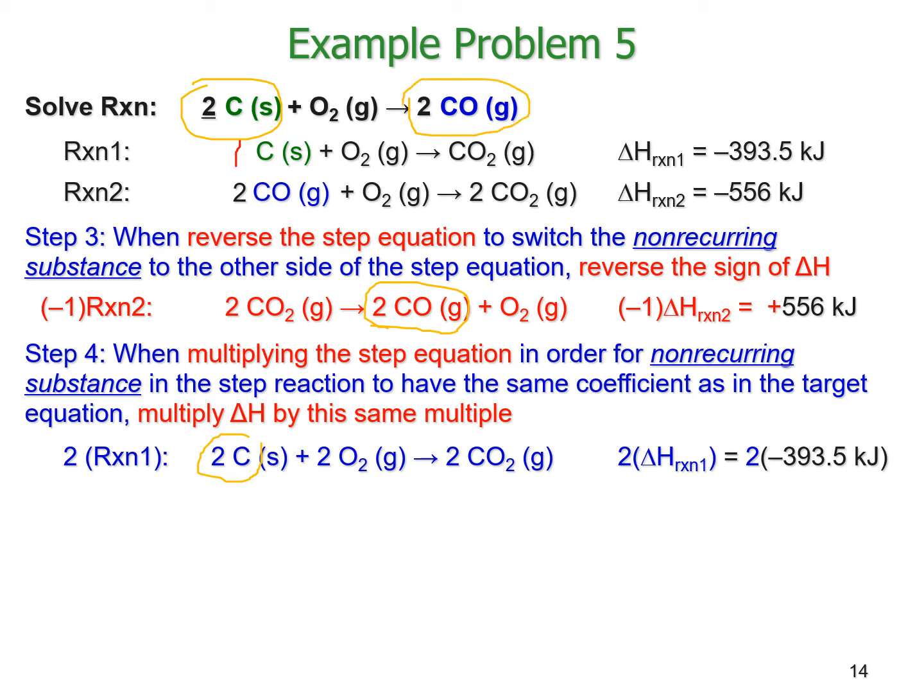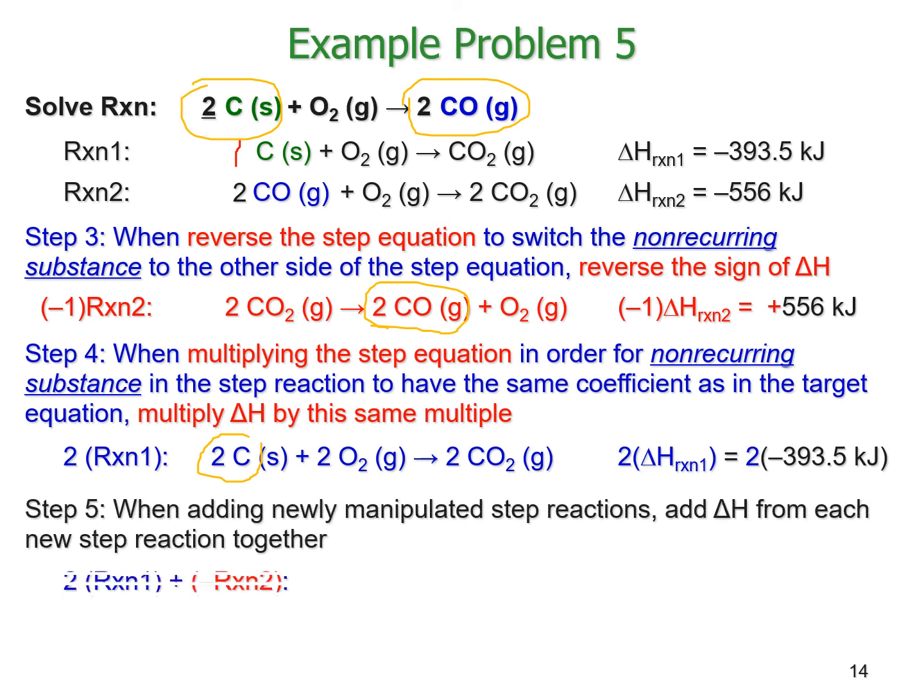Same side with exactly the same coefficient. That means perfect. So the next step is we're going to add these two newly manipulated step reactions together: 2 times reaction 1 plus -1 times reaction 2.